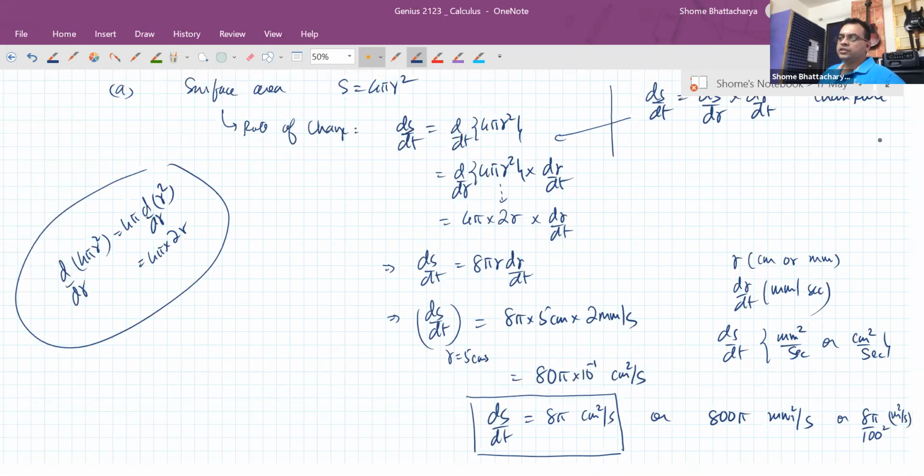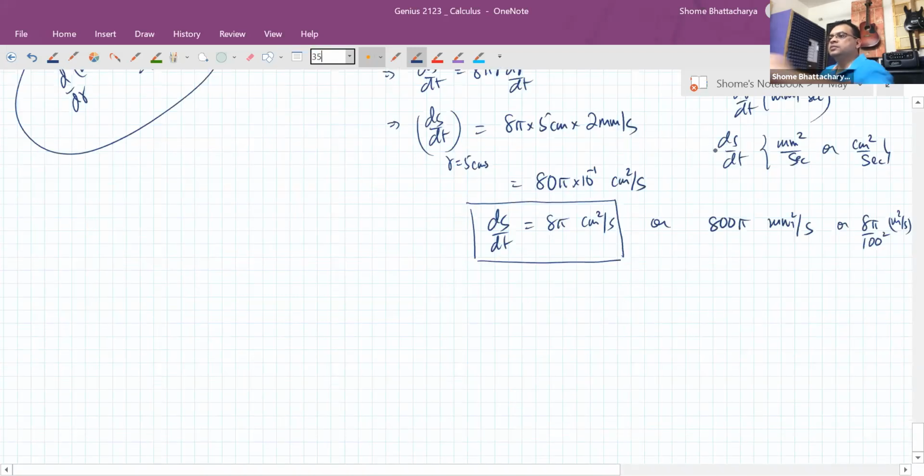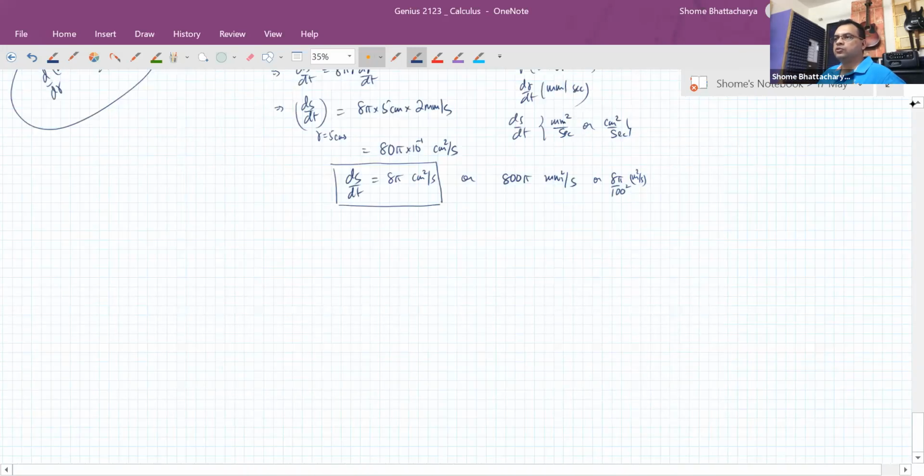Now I'm going to show you a very interesting geometrical method of doing this also. But let's make sure that we are clear with this first of all. And then you apply a very similar method for the second part, the volume part.